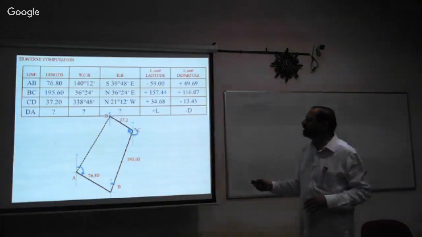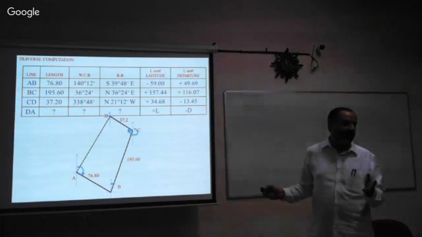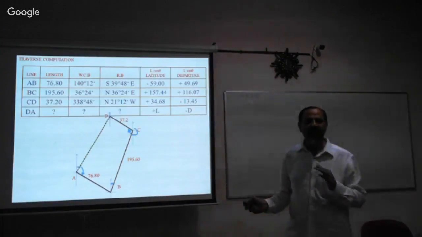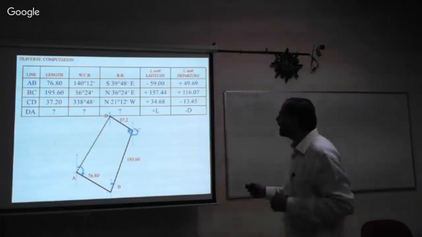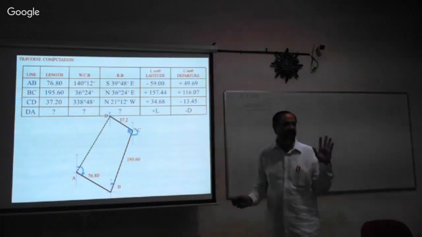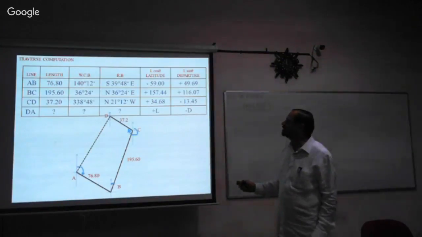What does this indicate? South, west, north, east, north, west. It indicates where the survey line is lying. If you do this job, the rest will be simple. We should know how to convert the whole circle bearing to reduced bearing.